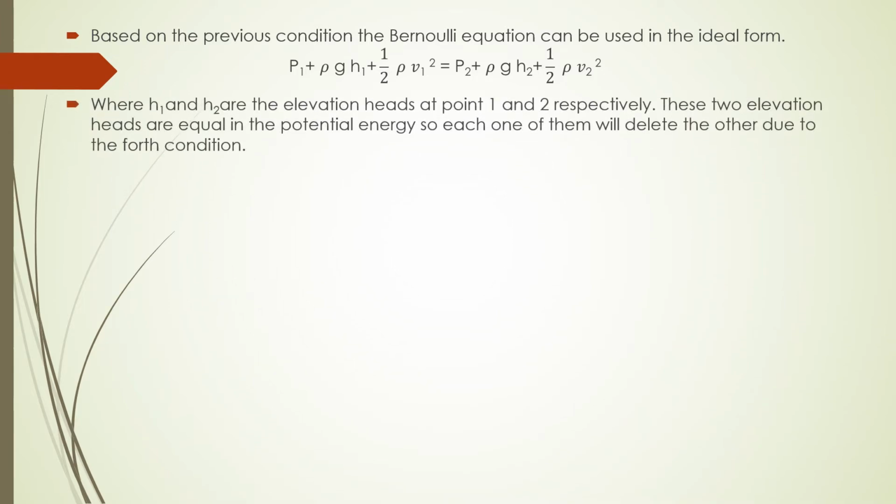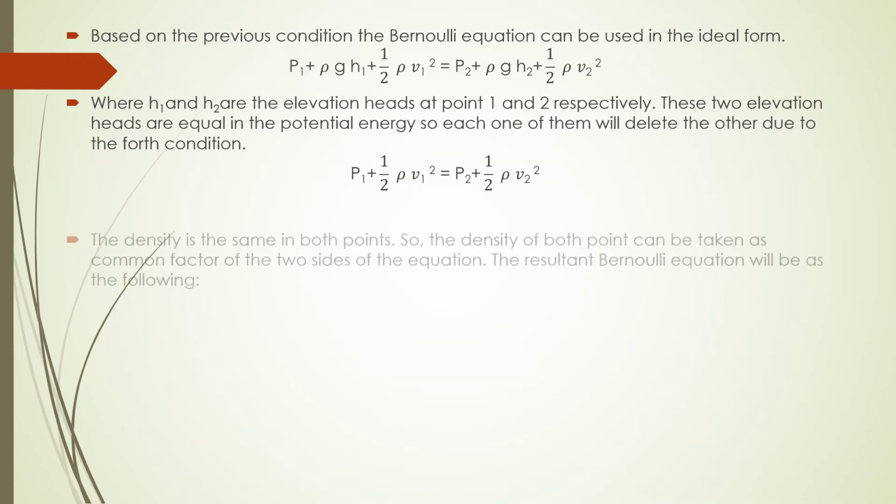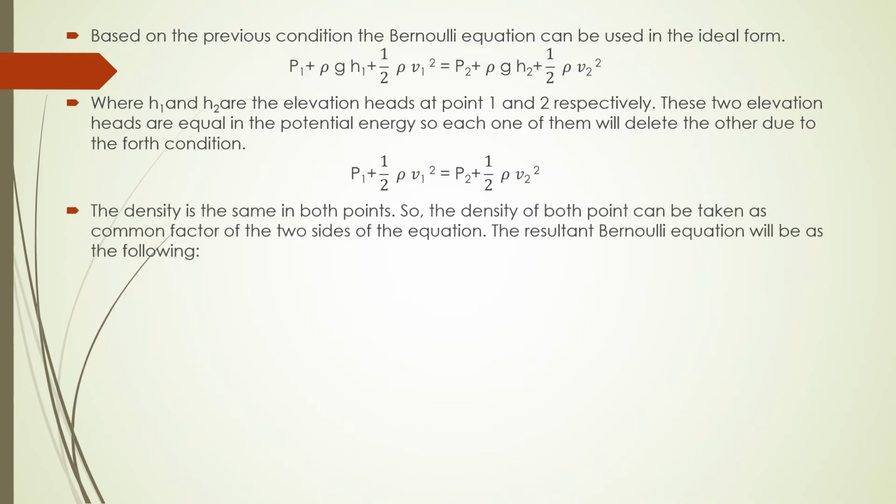We know that h1 and h2 are the elevation heads at points 1 and 2 respectively. Those elevation heads are equal, so they will cancel each other. So we are going to cancel the potential energy from both sides of the equation. And the density is the same at both points, so the density can be taken as a common factor. The resultant Bernoulli equation will be as follows.